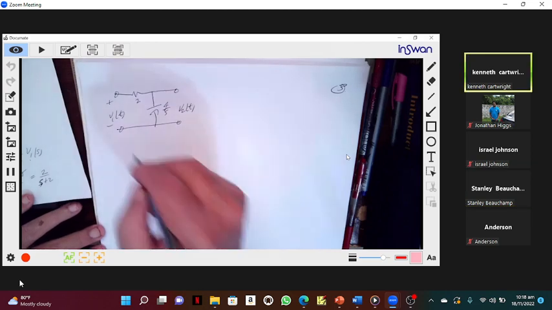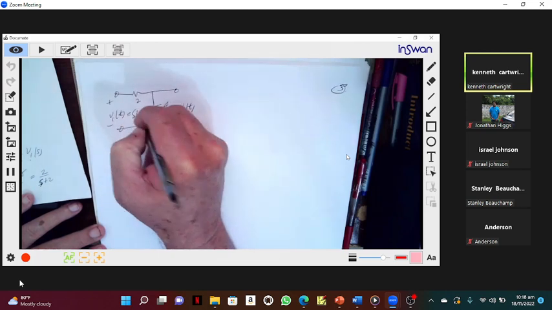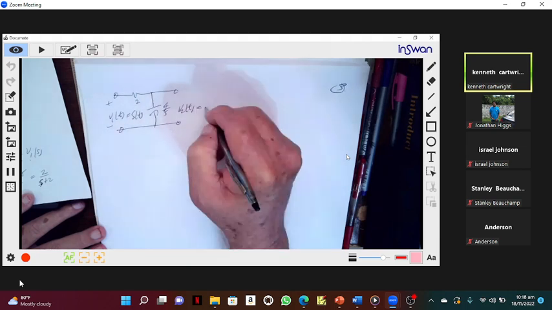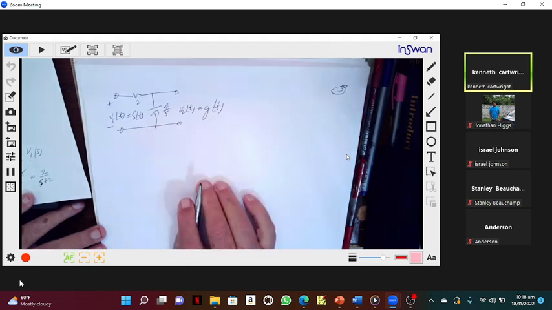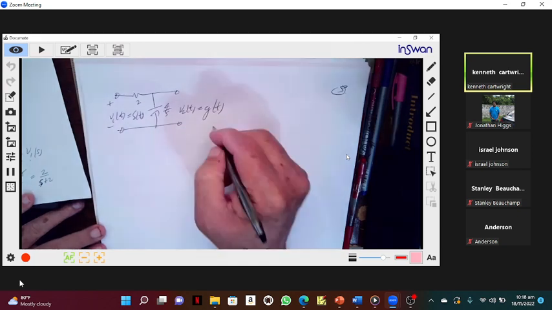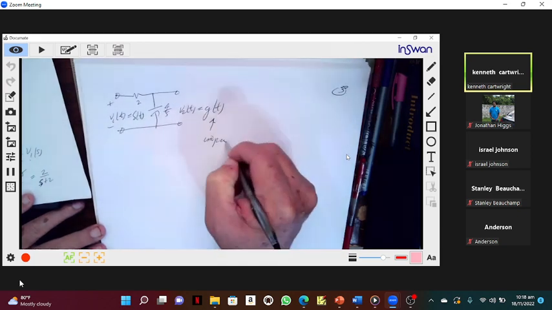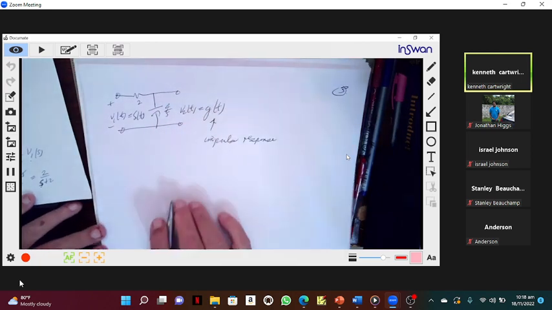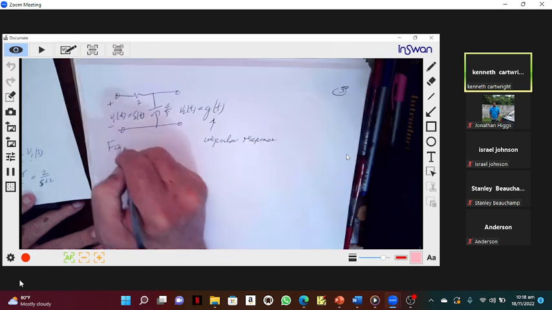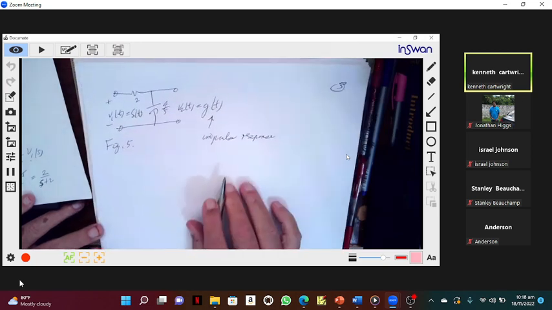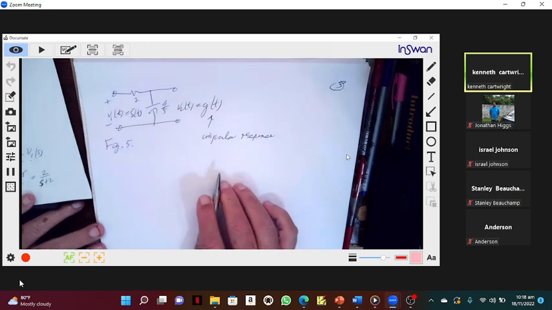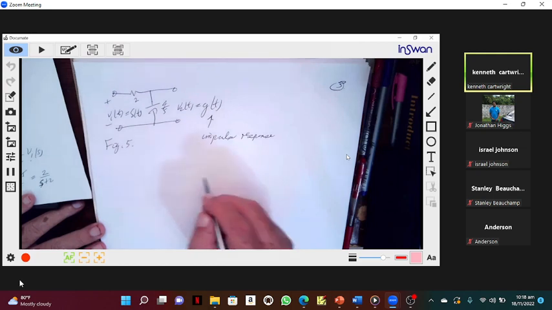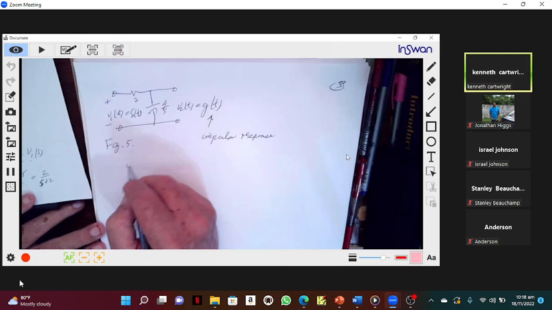So we put a delta of t here. Then the output is by definition the impulse response, which we call g of t. In the Laplace domain, what does that become?